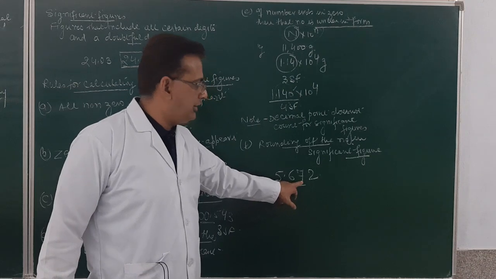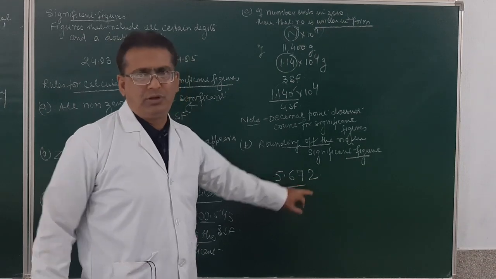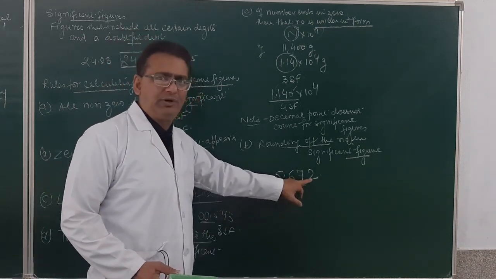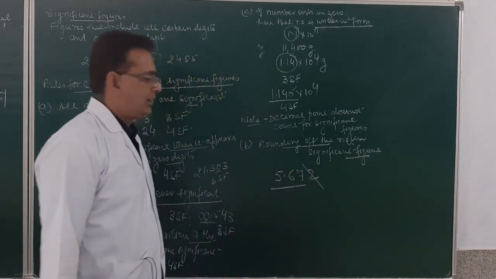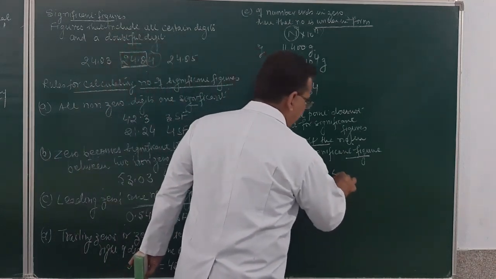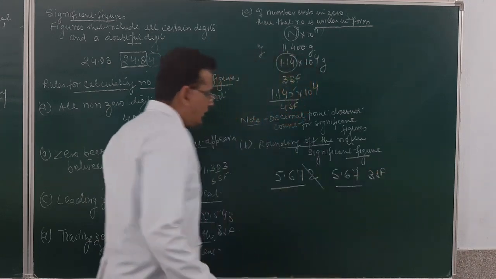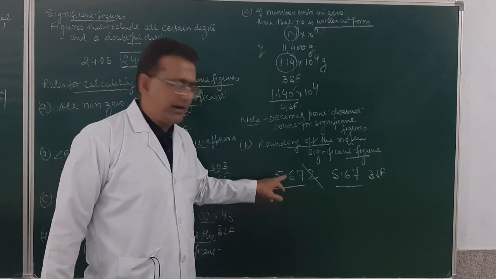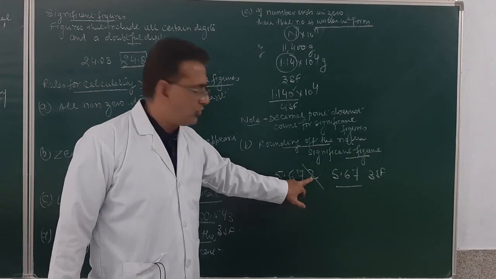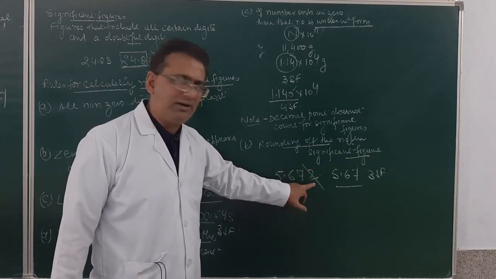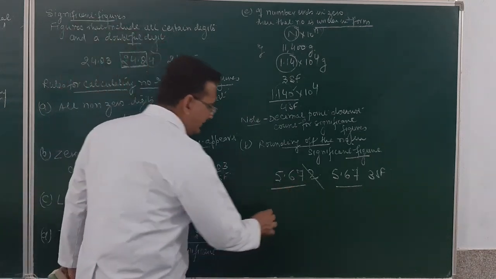If the figure following the last number which is to be retained is less than 5, then that unwanted figure will be discarded and the answer will be reported as 5.67, and that is up to 3 significant figures. I have to look at the next number following the last number. If it is less than 5, discard all the other quantities and retain the last number as such. Am I clear?